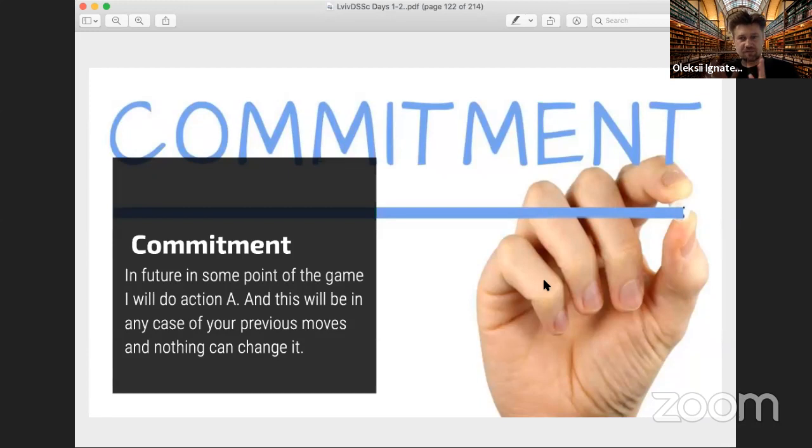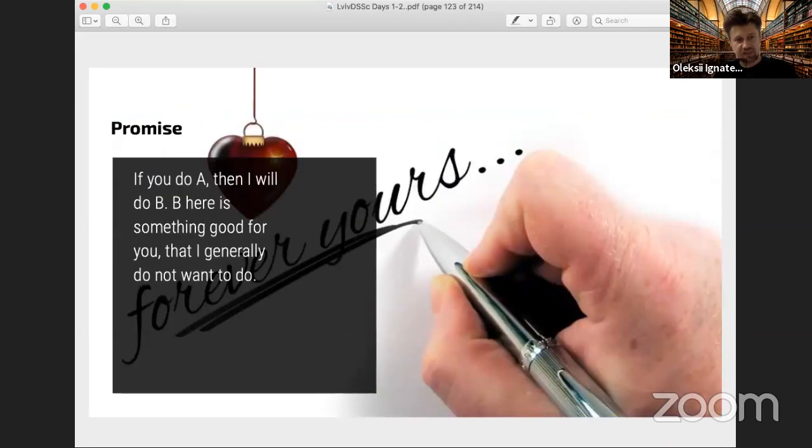Commitment is that in the future, at some point of the game, I will do some action A, and this will in any case be irrelevant to your previous moves, and nothing can change it. So commitment is: I will do this, and I don't care what you think about it. A promise is: if you do something for me, good, then I will do B, something for you.